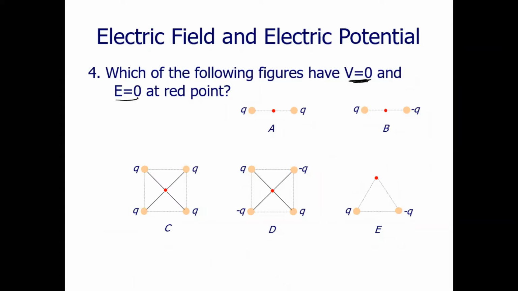Is it A, B, C, D, or E? Do you want us to do it together? You advise me if you can do it on your own so that we proceed. We can do it together. Okay, let me give you 30 seconds to think about it, and then you give me your submission.